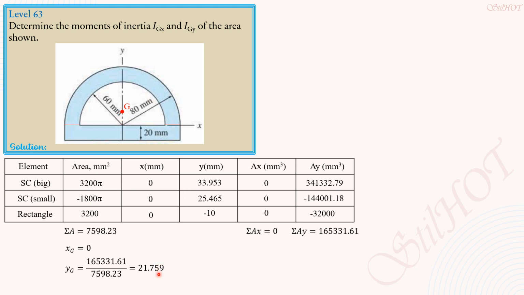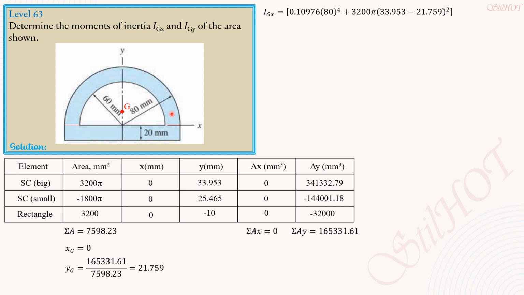Since yg is 21.759, y of the big semicircle is 33.953, so 33.953 minus 21.759 quantity square. So IGX is 0.10976 of 80 to the fourth plus area times distance 33.953 minus 21.759 square.